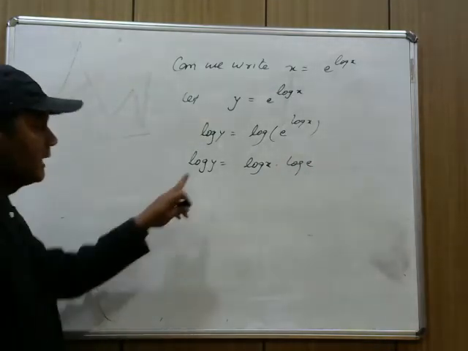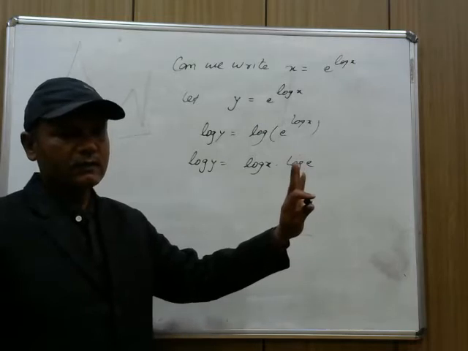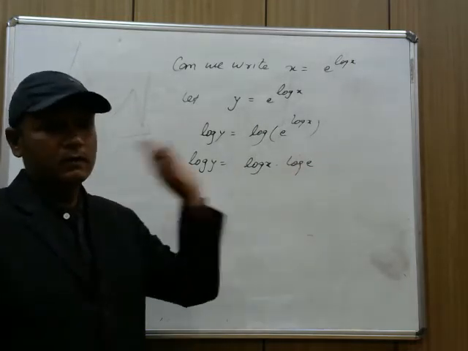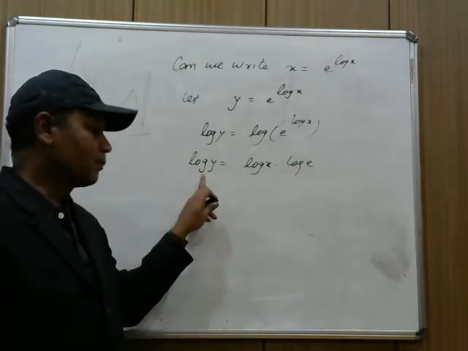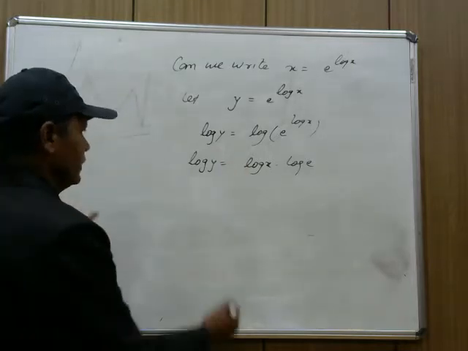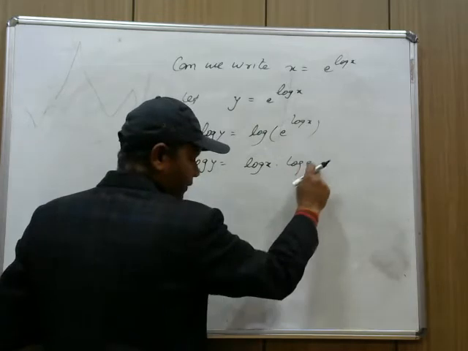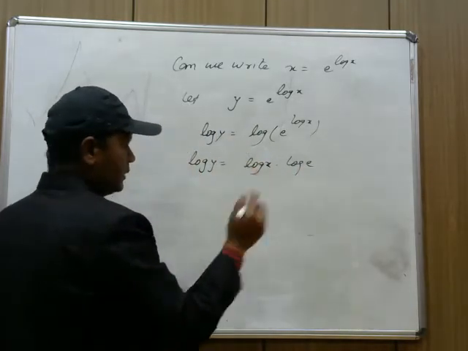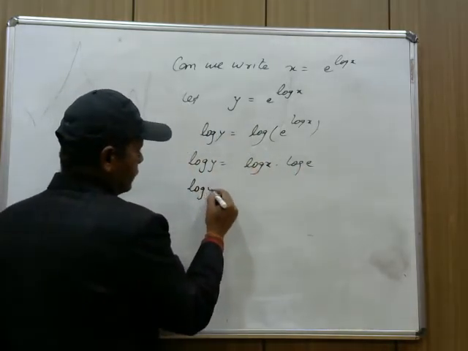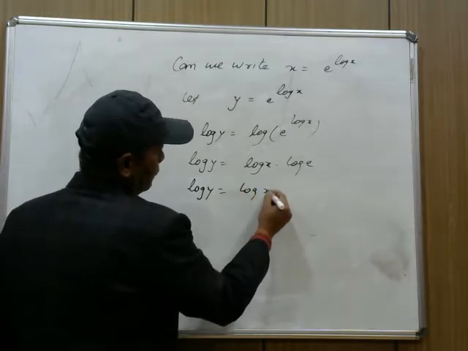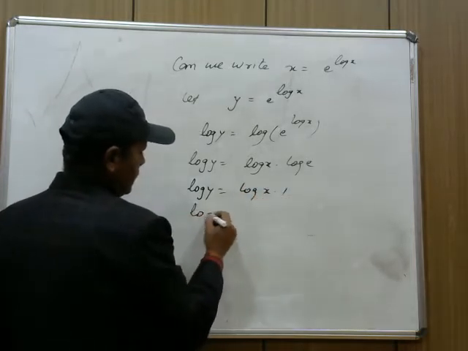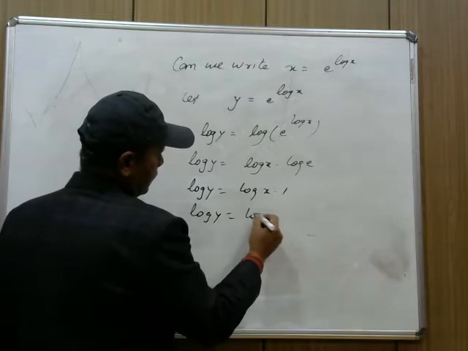Since I have not written the base anywhere, it means it is natural logarithm I am just writing. That means the base is e everywhere. Now, log of e to the base e, answer will be how much? 1. It means log of y is equal to log of x into 1. That means log of y is equal to log of x.